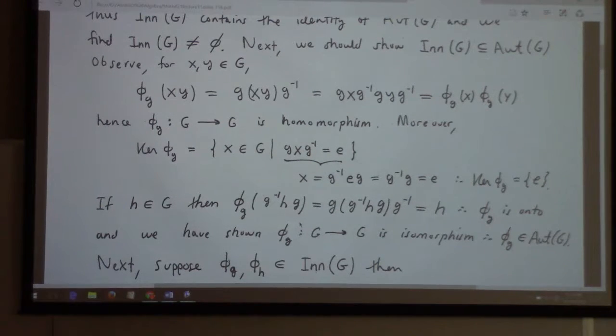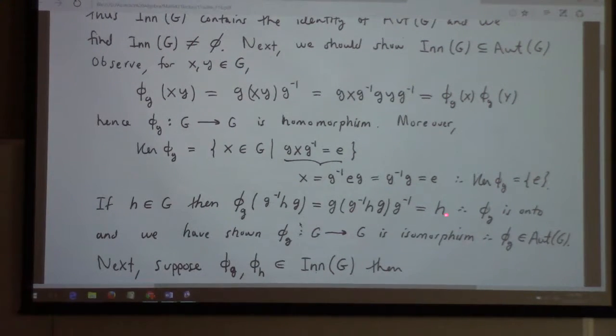To see it's surjective, pick any element you like in G, let's say H, and notice that if you conjugate by G inverse, then that's H, which shows that it's surjective because I picked an arbitrary point H and mapped to it from a point in the domain. So the conjugation by G map is surjective, is what this shows.